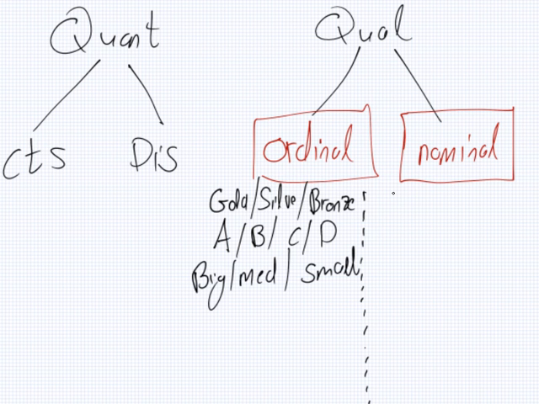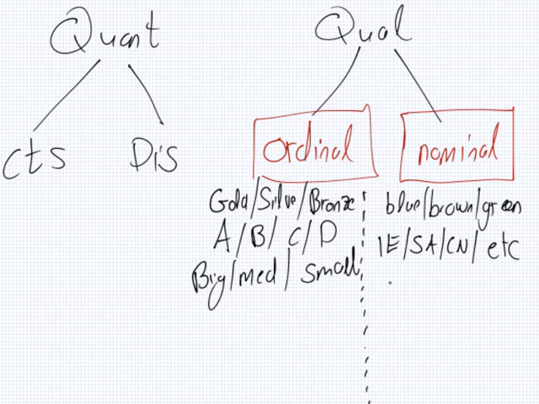Examples of nominal is if your eyes are blue, brown, or green. Another example of nominal would be if you're from Ireland, Saudi Arabia, China, etc. Another example of nominal would be if you like chicken or if you like beef.